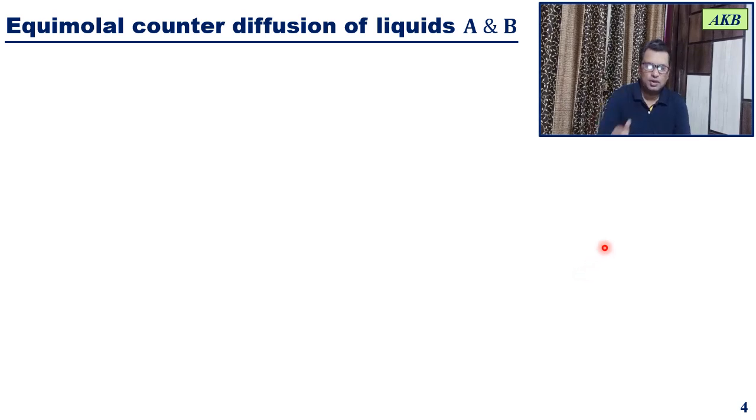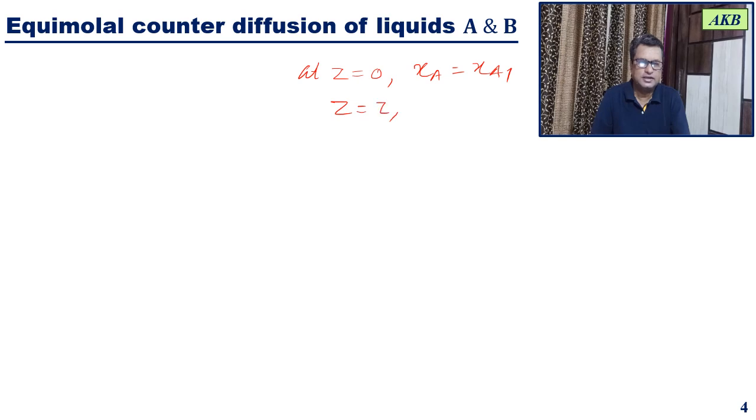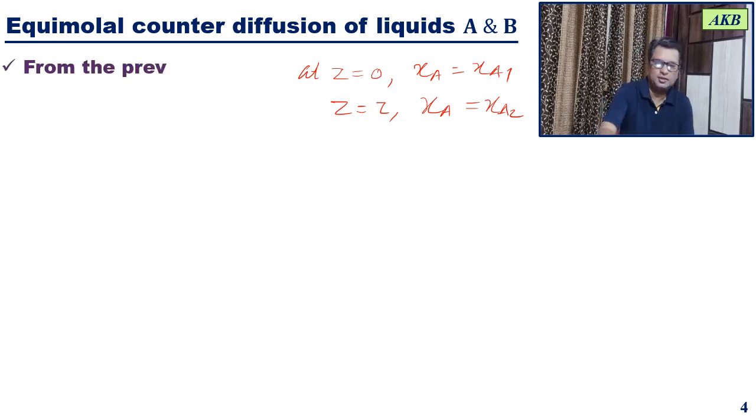We now have understood the limits which we can use to integrate the differential equation that we had got. The limits are: at Z is equal to 0, Xa is Xa1, and at Z is equal to Z, Xa is Xa2. Just keep these limits in mind.